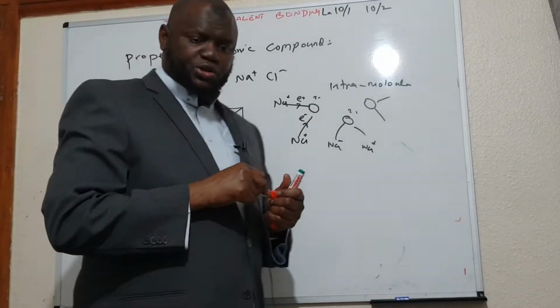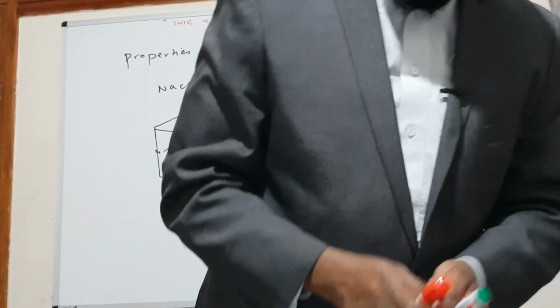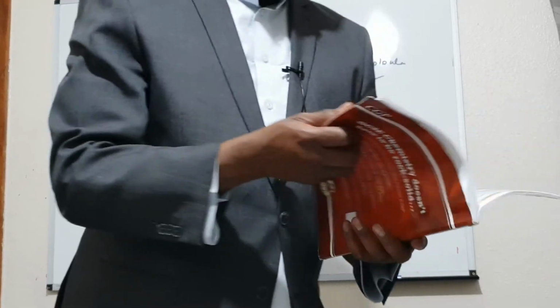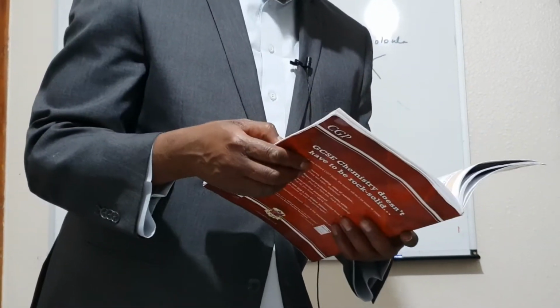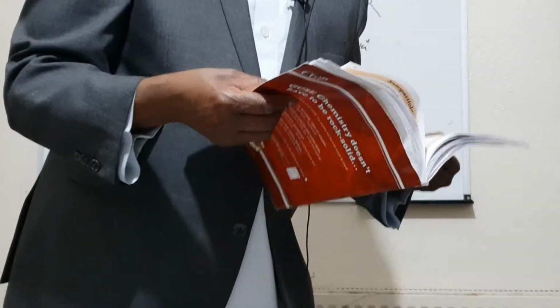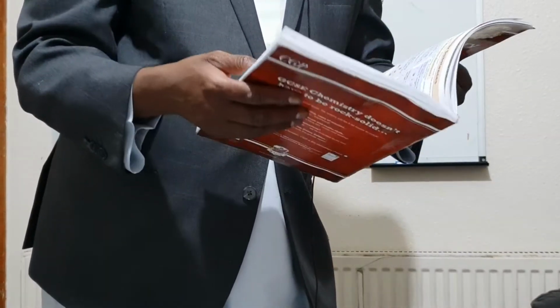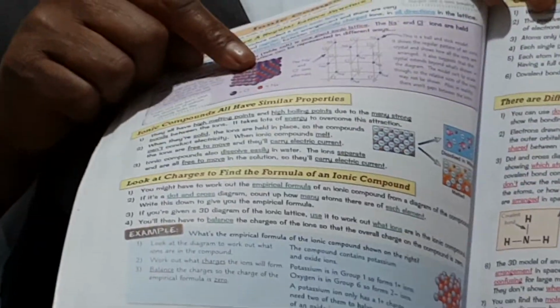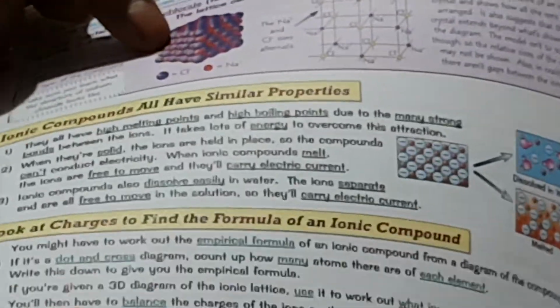Let me show you the structure to the camera, because I can't draw it properly. Mustafa, can you bring the camera, please? Can you see the structure of sodium chloride, common salt? Positive, negative, positive, negative.